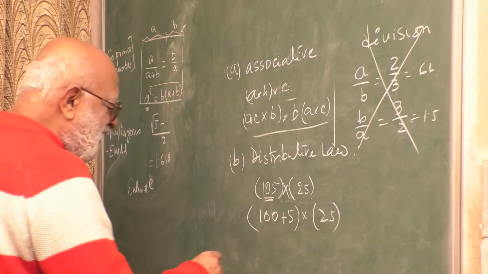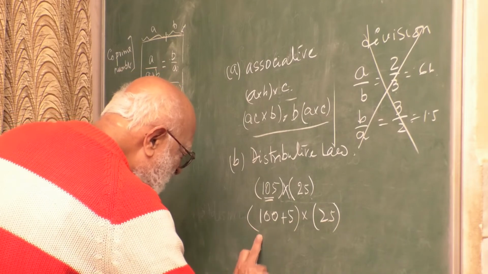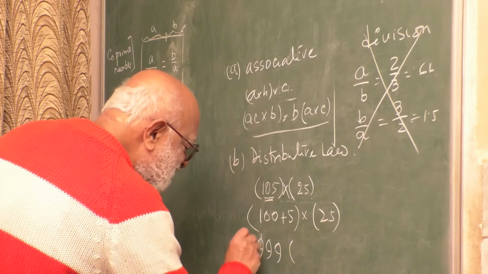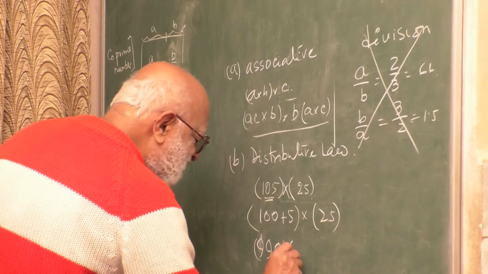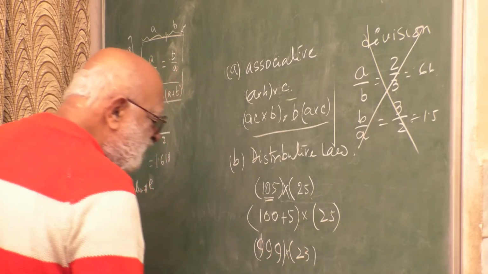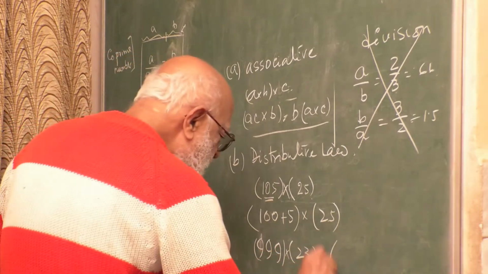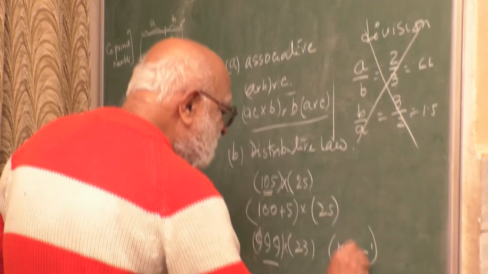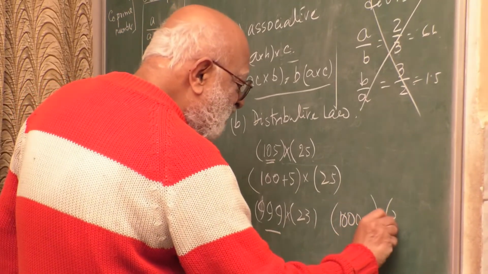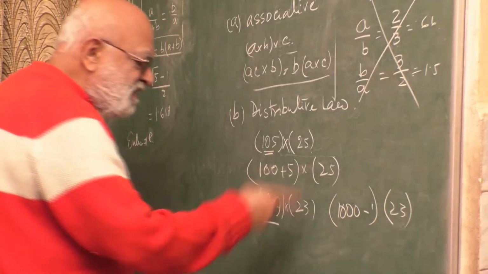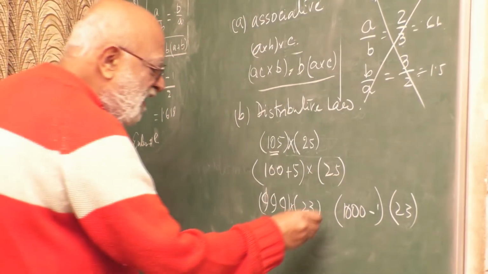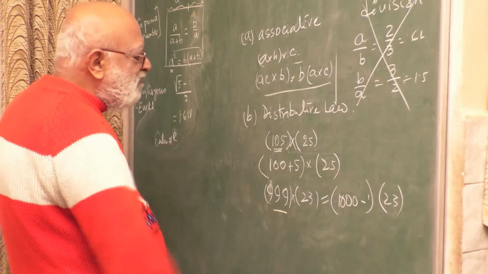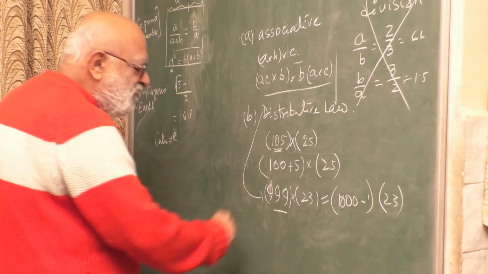Let us say you want to multiply something like 999 with 23. You can distribute this into 1000 minus 1 and then multiply with 23. And this is much easier. You will end up doing this kind of multiplication in a much simpler way. This comes due to the distributive law.